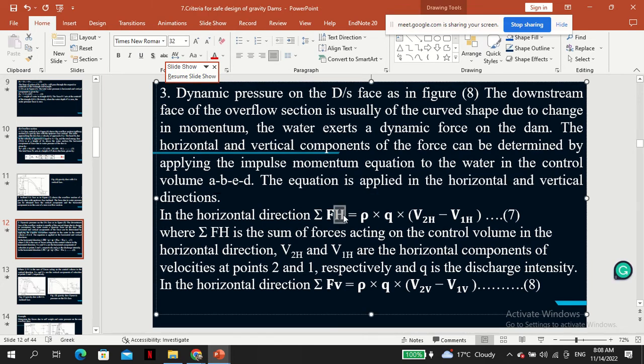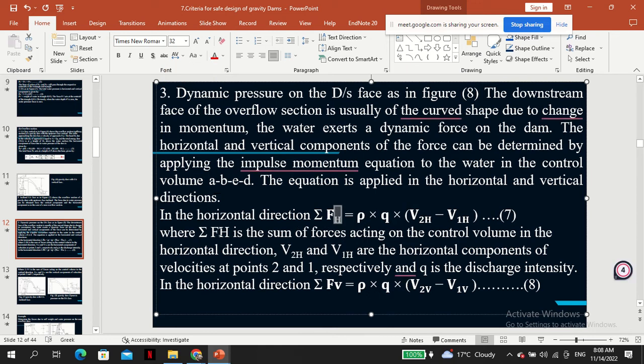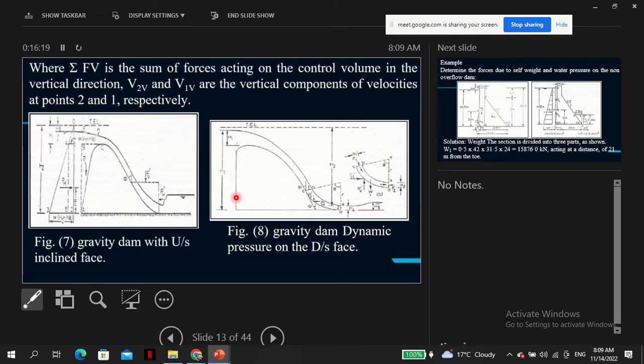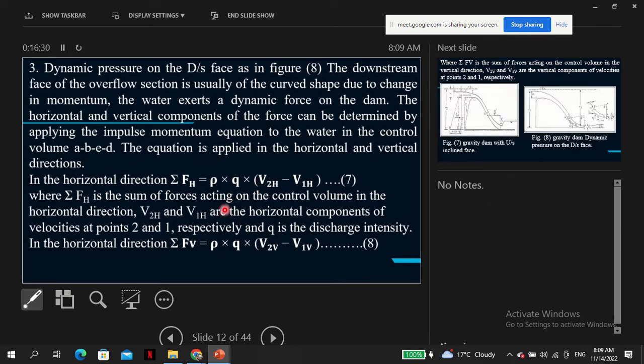So the summation of the horizontal forces, where this is the sum of the horizontal forces acting on the control volume in the horizontal direction, and V2H and V1H subscript are the horizontal components of the velocity at points 2 and 1.